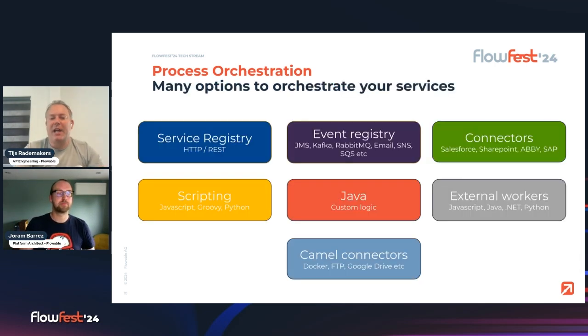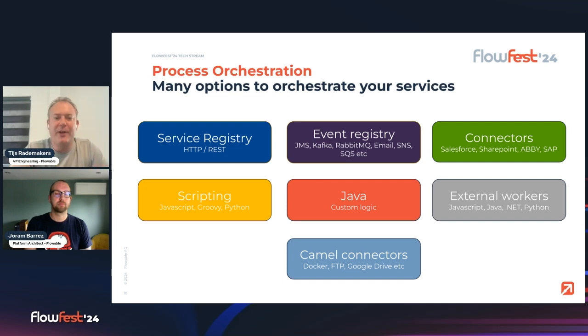Yeah, and then another aspect which is really important in process orchestration is all the connectivity options and how to orchestrate your services in Flowable. What we try to do in this slide is really to make clear that there's a lot of options with Flowable, starting with the service registry, where you can configure your HTTP and REST invocations, with the input-output definitions, the operations, all of this, security, authorization, authentication.